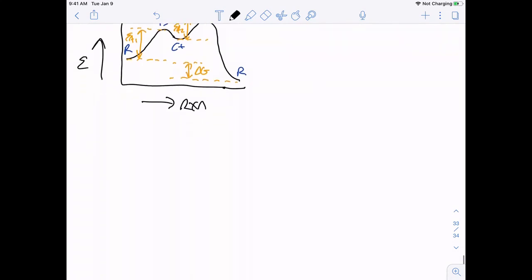So for this one, the base, the strength of the base does not affect the rate.